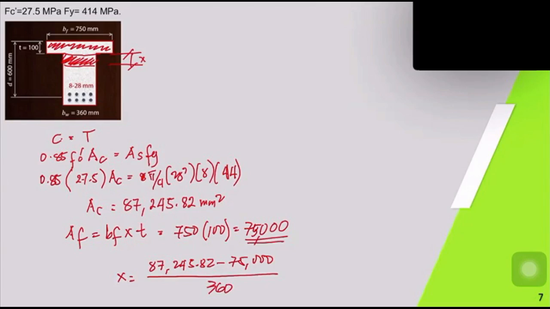So more or less ilan ang x? 34.02, so 34 mm. So therefore, your neutral axis is andito. And the value of alpha is ito, which is equal to 100 plus x, which is 134 mm. Your value of alpha. So alpha equals 134 mm.